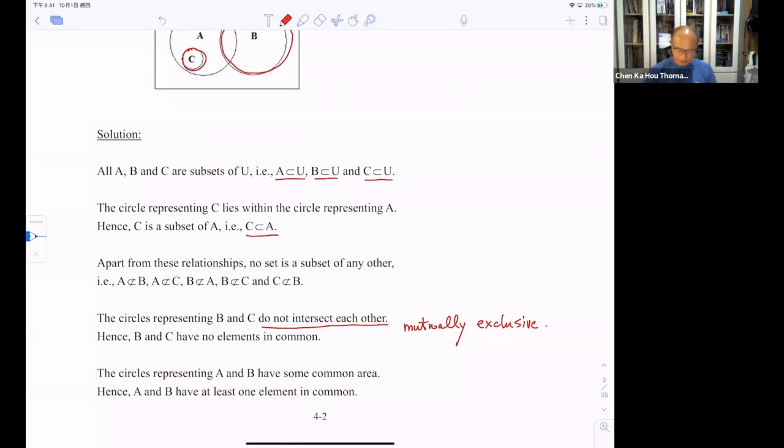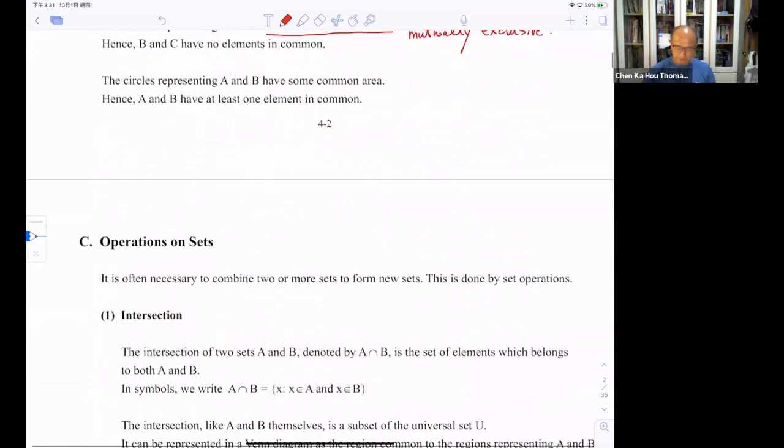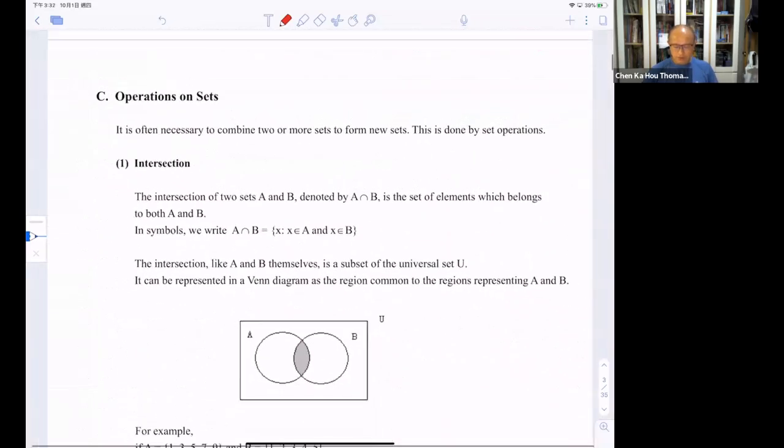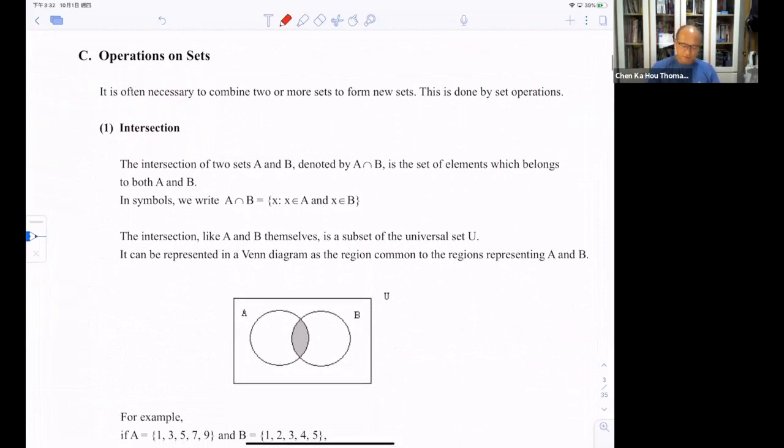And finally, the circles representing A and B have some common area, so there is an overlap between A and B. There are some operations on sets. First is intersection.